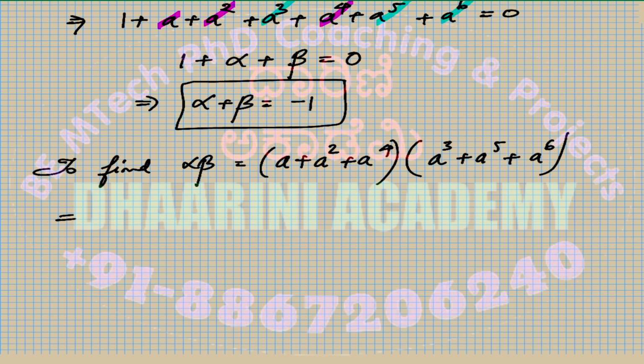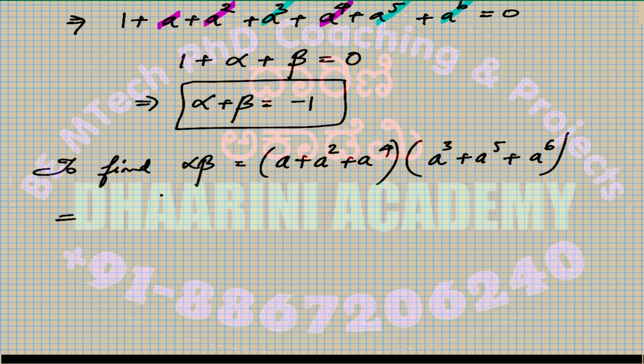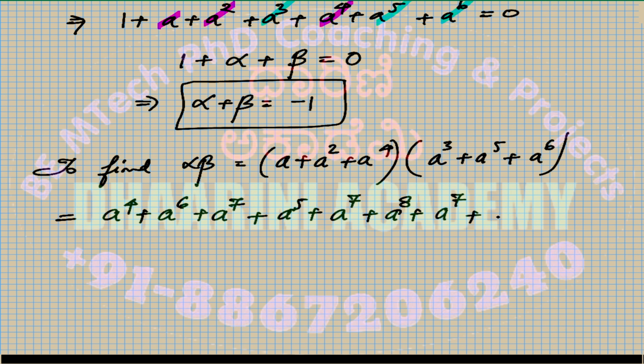So this is equal to a into a cube is a to the 4 plus, next I'm going to get a to the 6 plus a to the 7 plus a to the 5 plus, once again, a to the 7 plus a to the 8 plus a to the 7 plus a to the 9 plus a to the 10.